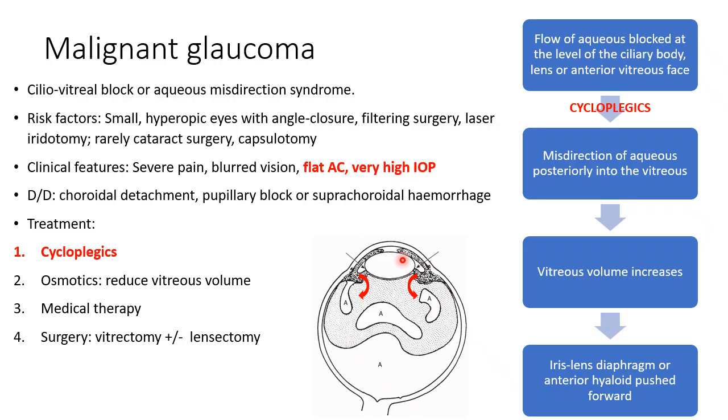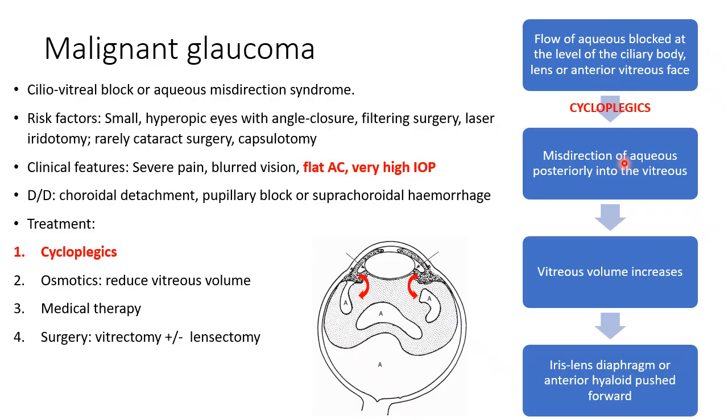And that is what constitutes aqueous misdirection. Instead of going anteriorly, it is directed posteriorly into the vitreous cavity. Why does this happen? Because the anterior flow is blocked at some level, at the level of the ciliary body, lens, or anterior vitreous face. That is the anterior surface of the vitreous.